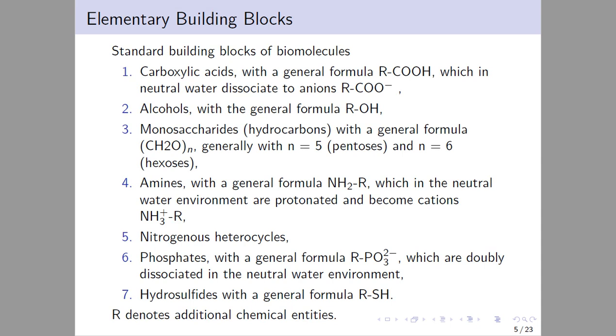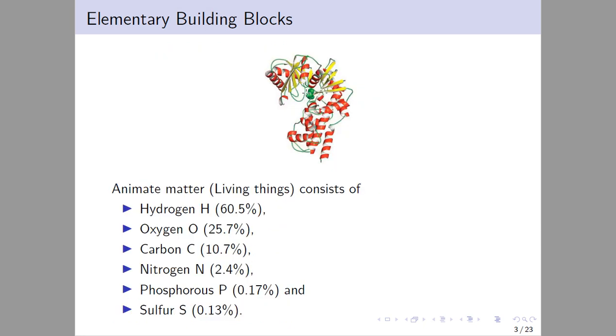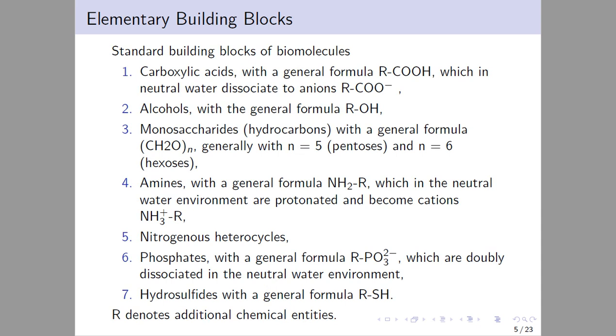We can see here this block, red, yellow, green, consists of carboxylic acid, from our organic chemistry, with a general formula RCOOH. When we put it in neutral water, it dissociates into an ion RCOO minus.